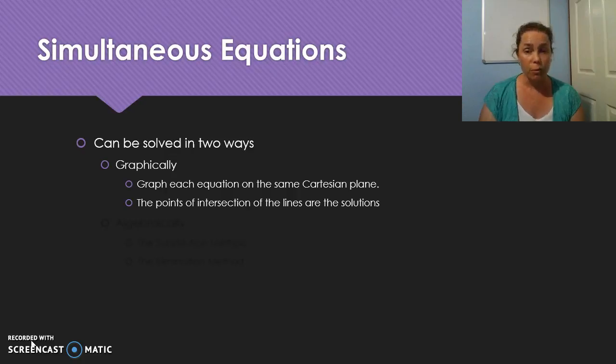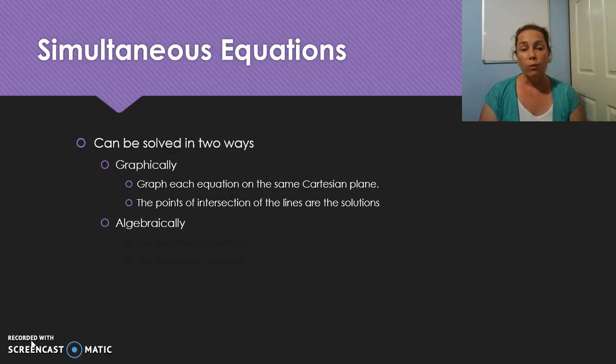That is, you can put that x and y value into either equation and it will be correct. So the point of intersection, that key common point, is the solution to the simultaneous equation. If you have time and if you have a graph, this is by far the easiest way to solve your simultaneous equation.